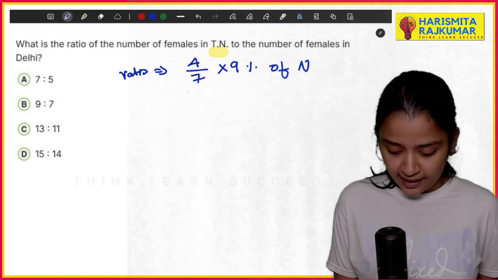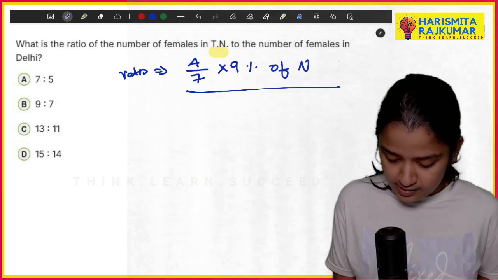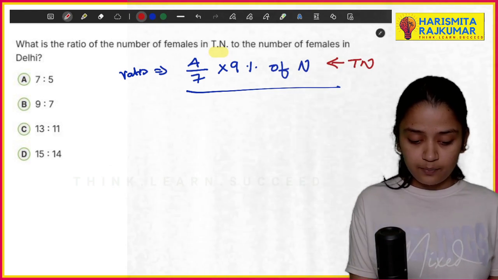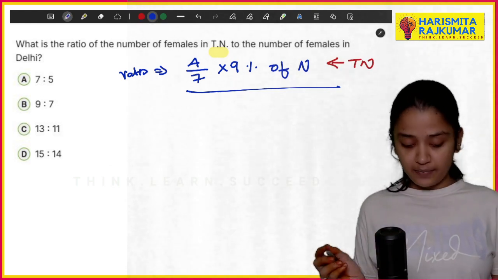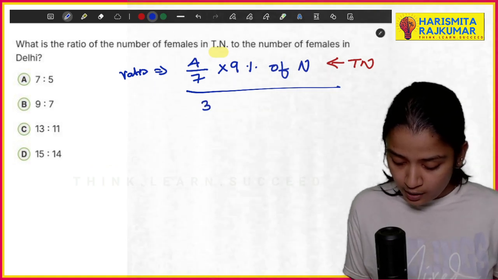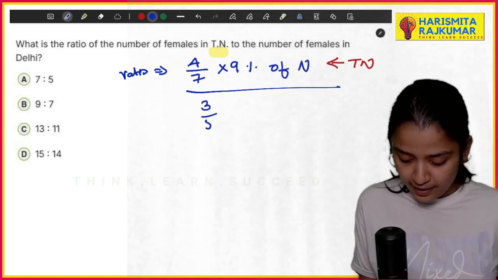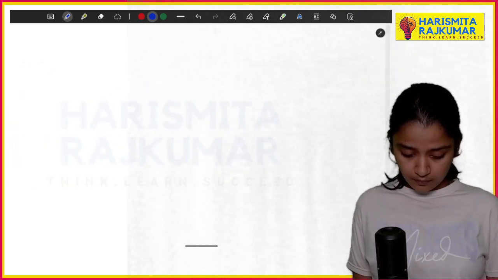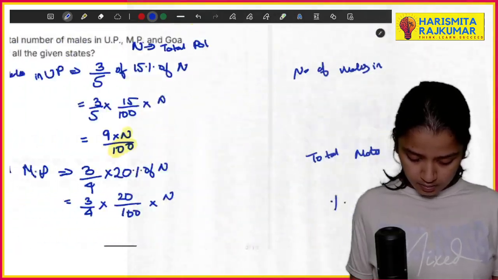This is Tamil Nadu. Now divided by the females in Delhi, which will be 3 by 5 of 8%.